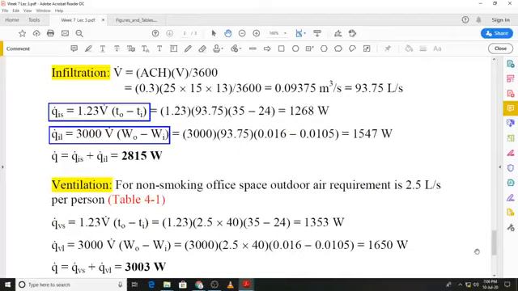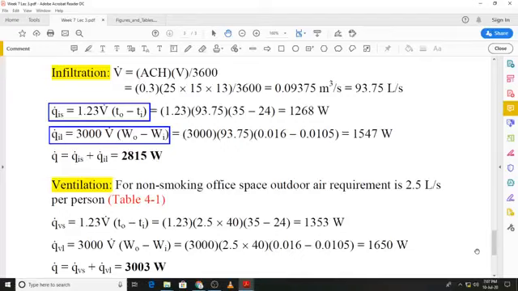Then we lastly come to the load due to ventilation, and that load is not given to us directly, but we are given some information which will be utilized to read the value for ventilation from table 4-1. That information is that we have an office space with a non-smoking environment.